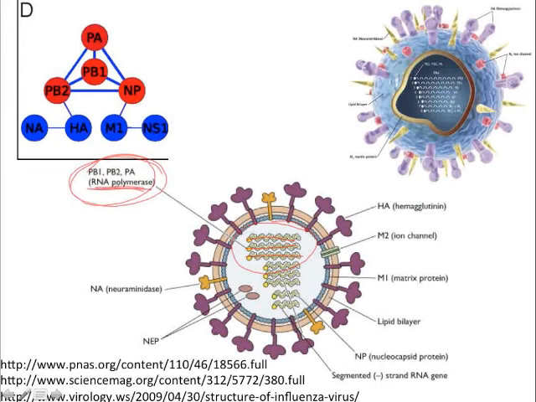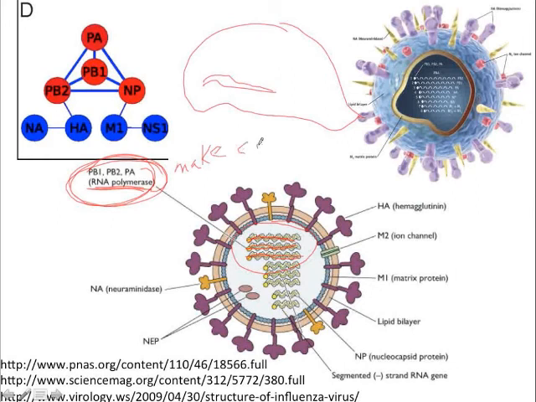Your RNA gets into that cell, and a copy of that RNA will need to be made. These 3 different segments encode the genes necessary to create the proteins for making copies of RNA.